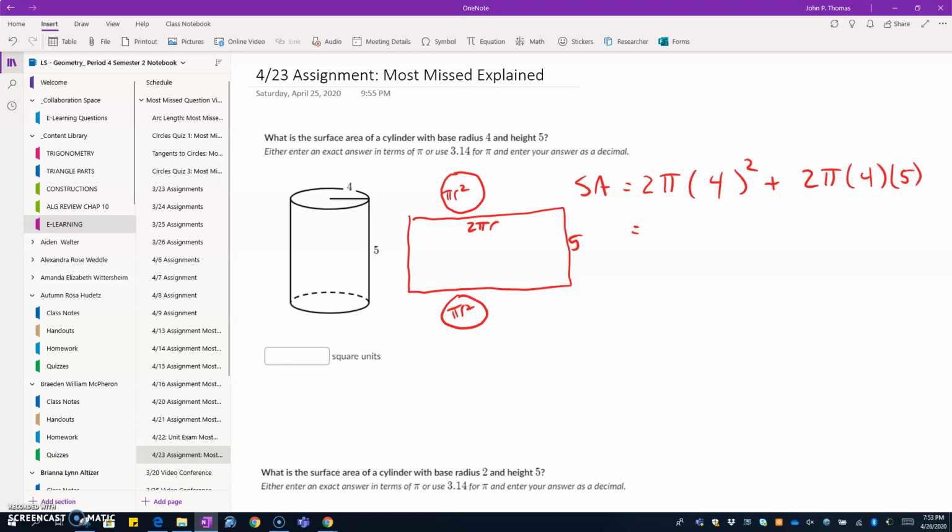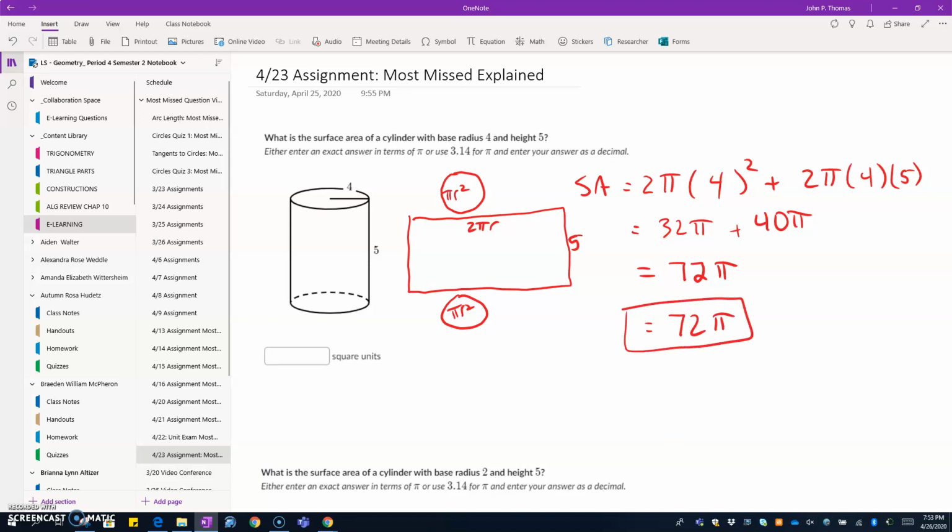Now I start cleaning this up. I have 4 squared, which is 16. 16 times 2 is 32. So I have 32 pi plus 4 times 5 is 20, 20 times 2 is 40, so I've got 40 pi. If I push those two together, it gives me 72 pi. So my final answer on this one would be 72 pi, and that would be the exact answer.